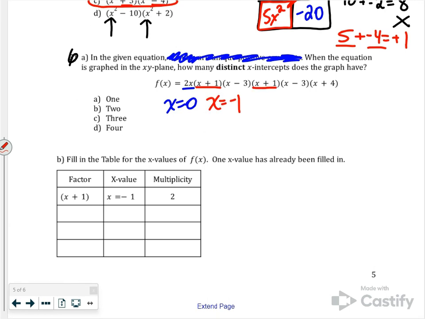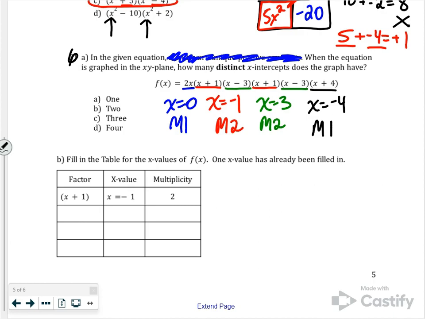It also happens over here, so that's a multiplicity of 2, while the multiplicity of 1 is for x equals 0. Now we have x equals 3, and that happens twice, so that's a multiplicity of 2. And then this one is an x equals -4. It only happens once, so it's a multiplicity of 1. So here I see 1, 2, 3, 4 unique or distinct x values, so the answer is 4.